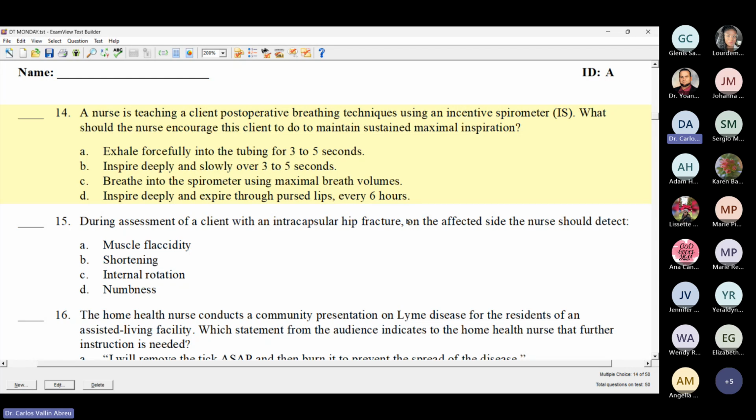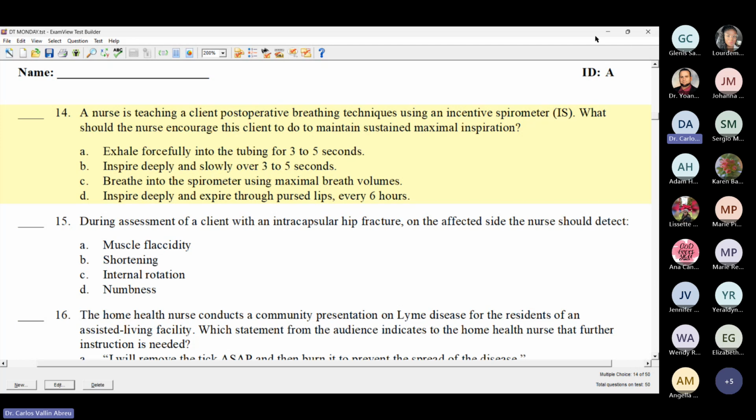And those atelectasis produce hypoxemia and increased risk of pneumonia. So the purpose of the incentive spirometer is to incentivize the client to breathe in deeply.